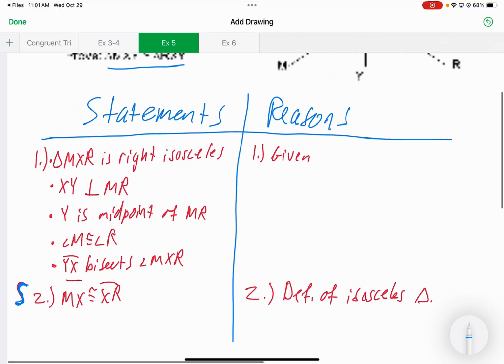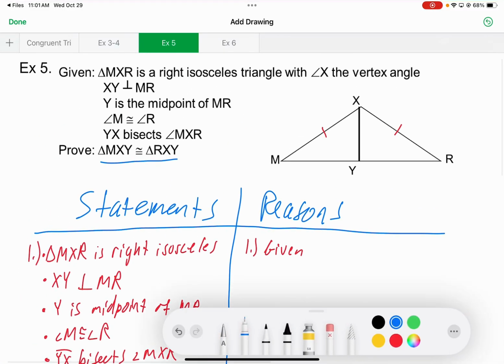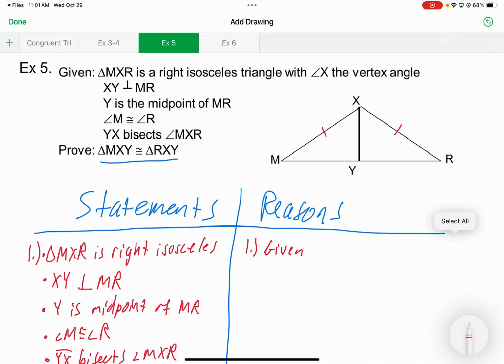Okay? All right, let's go back to my givens. Then it goes on to say XY is perpendicular to MR. What does that mean? 90-degree angles. Where? The bottom middle.